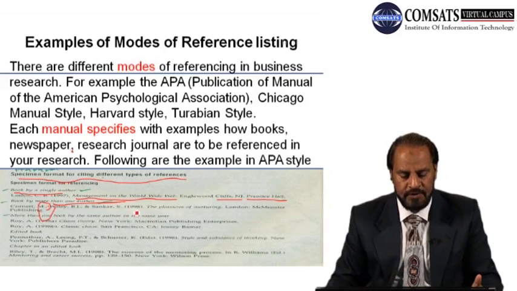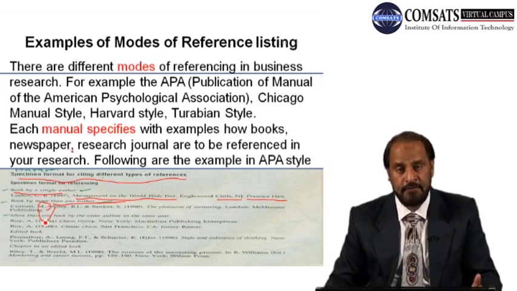Then follows the year of publication, the title of the article, which city it was published in, and which was the publishing house which published this particular article. So by looking at all of these, you will be able to find different variations in terms of the referencing which has been done in the reference list, and the modes which have been followed.